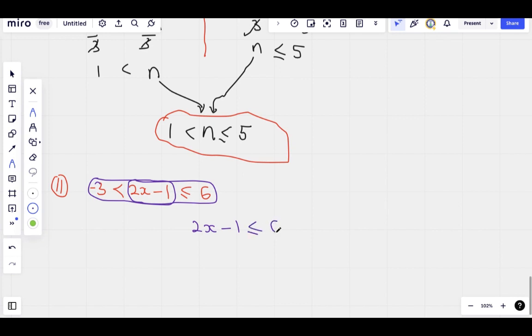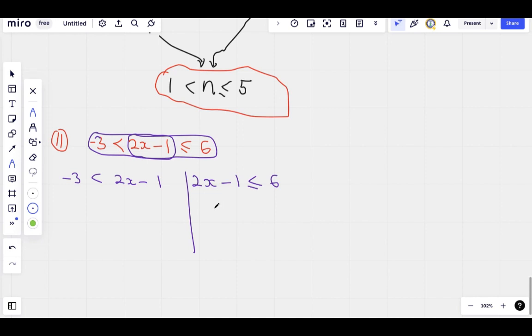On the other hand, we have negative 3 less than 2x minus 1. So I have these two inequalities. This is the one on the right. So we solve them. Let me start with the one on the right.